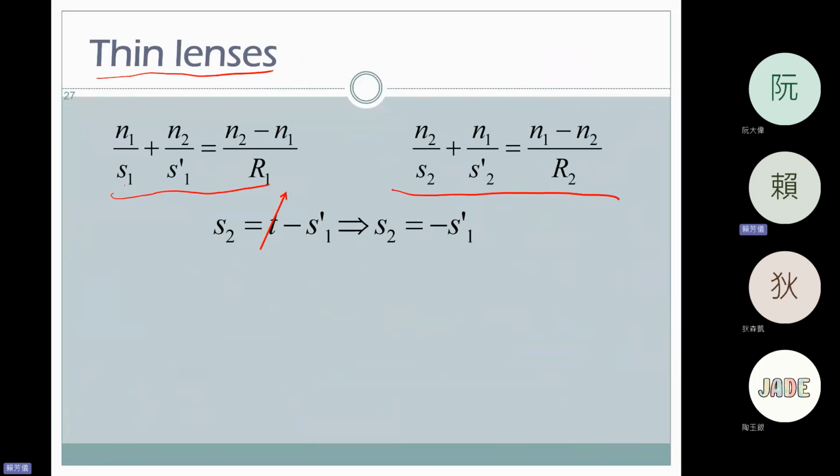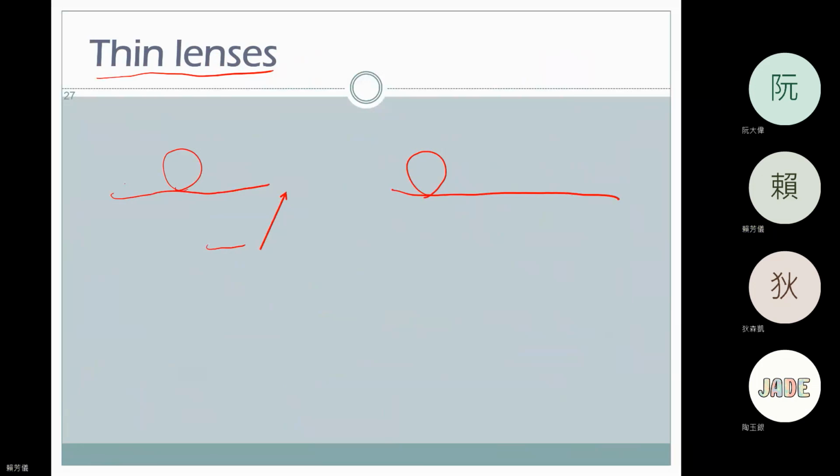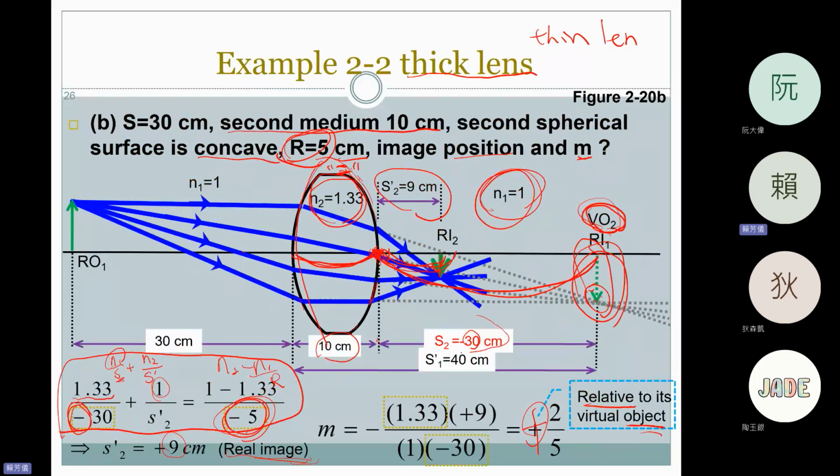So S1 means the first surface, S2 means the second surface, and we also know that the connection is that the image of the first surface will be the object of the second surface. So we know that S2 will equal T minus S1 prime. Actually, you can see here, this is S2.